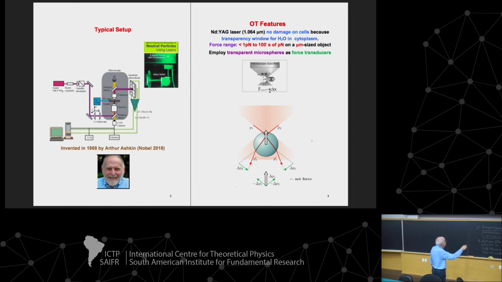And if you take the opposites of both using Newton's third law, the net transfer of momentum is delta P, which points upward. So it attracts the sphere to the focus. Is that clear? Any questions? Please ask.